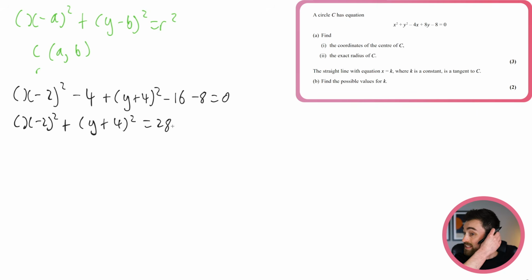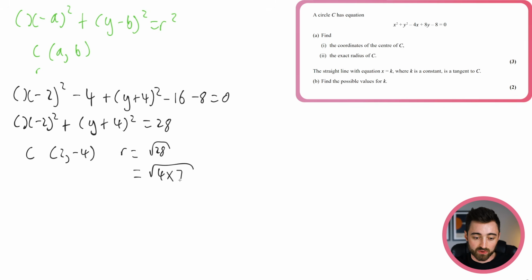That therefore tells me that the centre is going to be (2, -4). It's always the opposite of this sign, right? So centre is going to be (2, -4). And then the radius is going to be the square root of 28. Remember that the right-hand side is r squared, so the radius is the square root of that. Can I simplify this? Yes, because that's 4 times 7, which is 2 root 7.